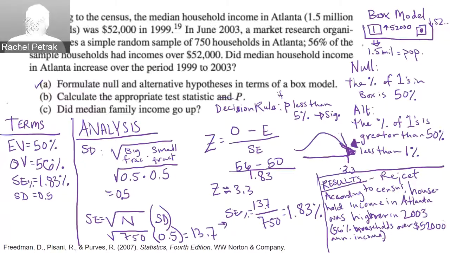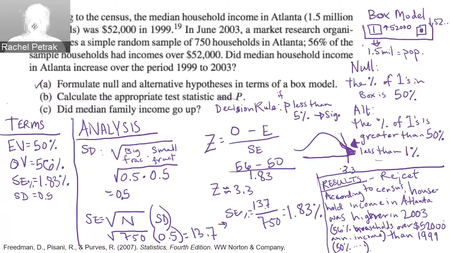And the household income was higher in 2003 than in 1999.